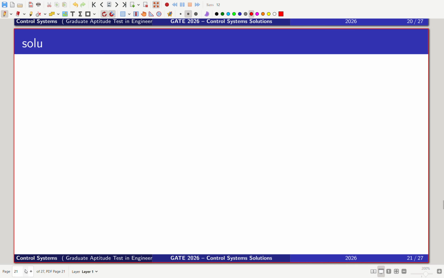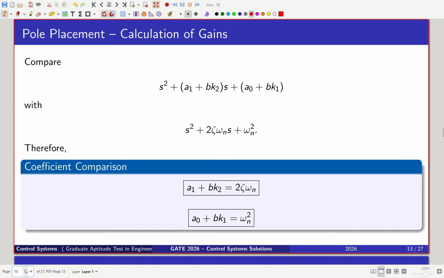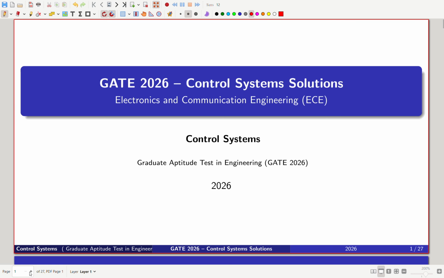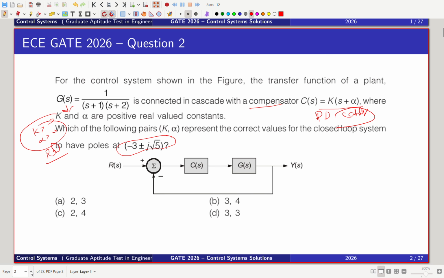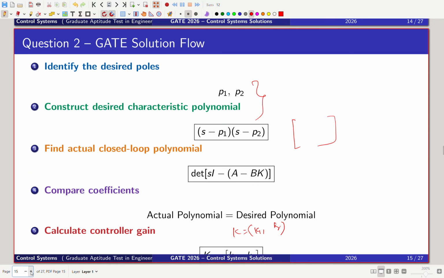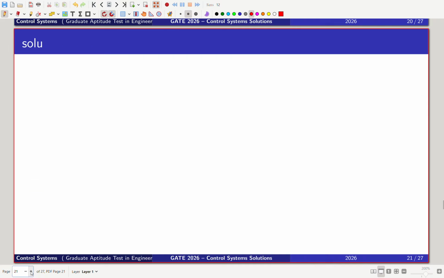So what's the question they gave? Let us go back. This is 1 by s plus 1 into s plus 2, and this is k into s plus alpha, and the desired poles are minus 3 plus or minus j root 5. The question is very simple.